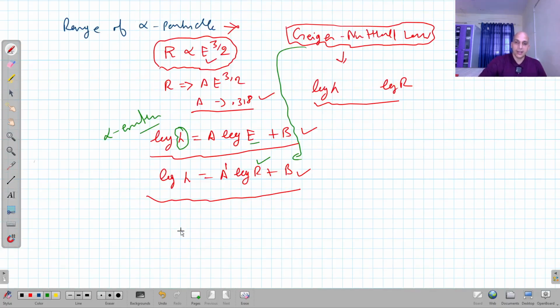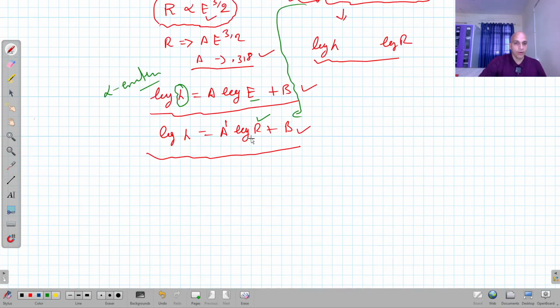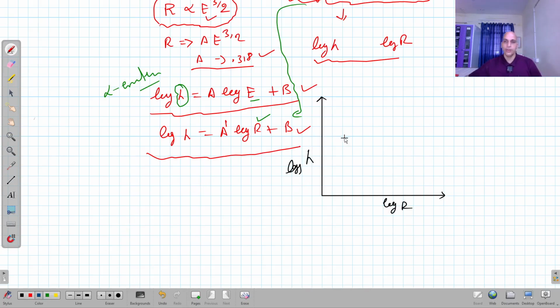So if we plot graphs between, as I told you, log of lambda and log of R, I'm plotting it here. Two axes, log of range and log of disintegration constant lambda. If you plot the graph, then you will get straight lines.